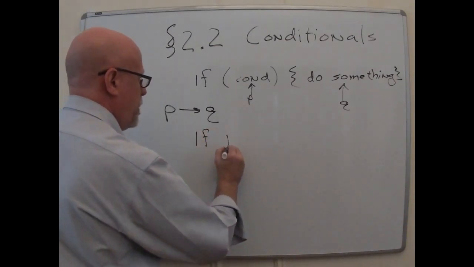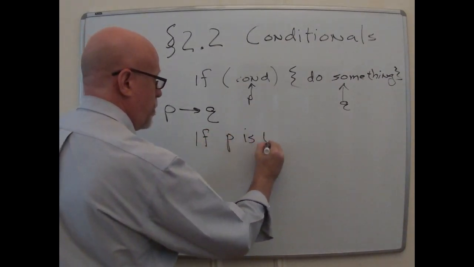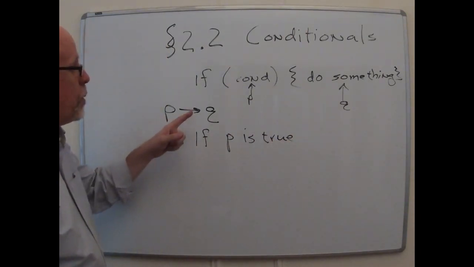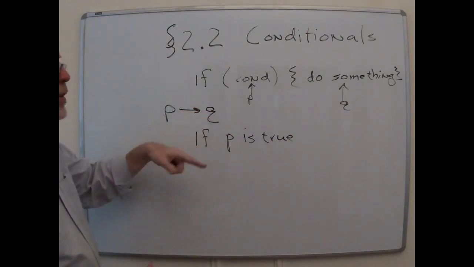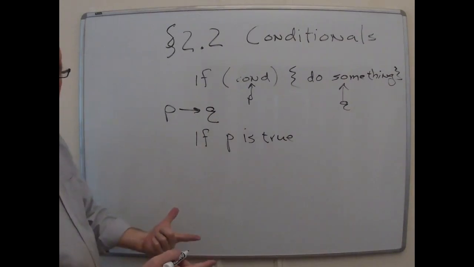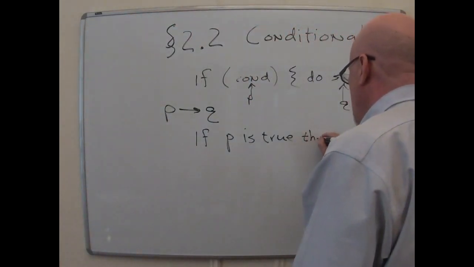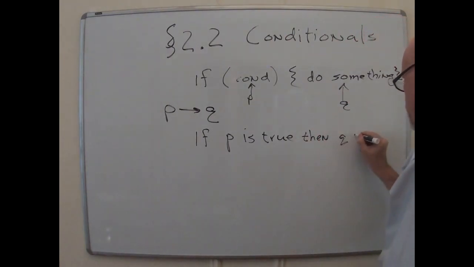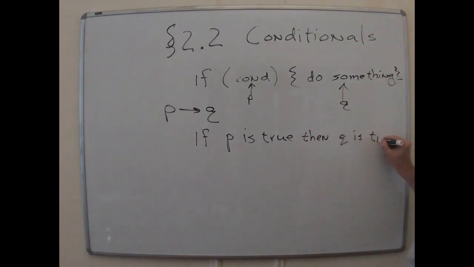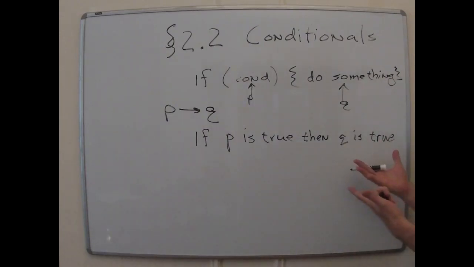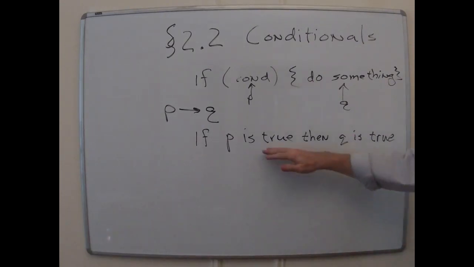If P is true, so far it's the same as what you're doing in the programming thing, but we're not going to say do Q, but rather Q is true as well. If P is true, then Q is true. So we're not saying that Q is some action we'll take, but rather it's some statement whose truth value will be true, provided P is true.